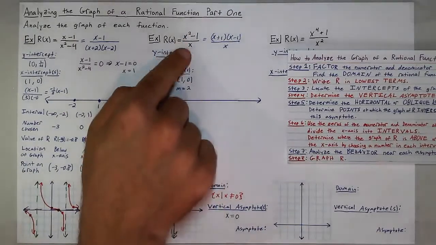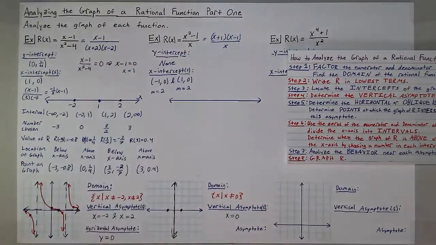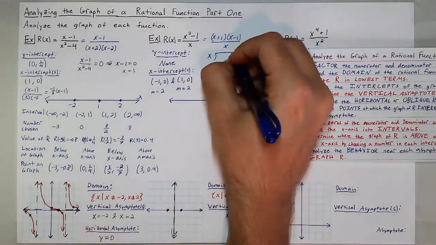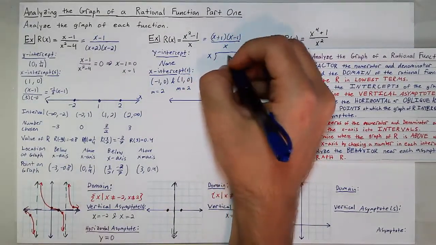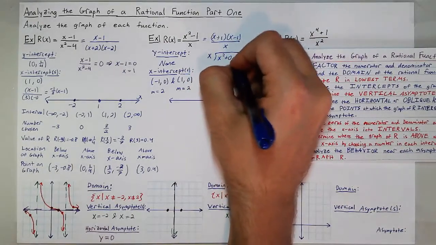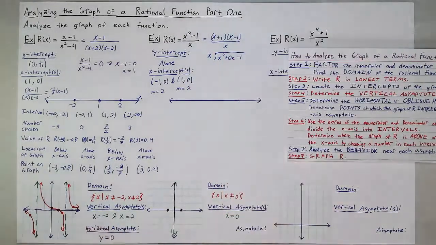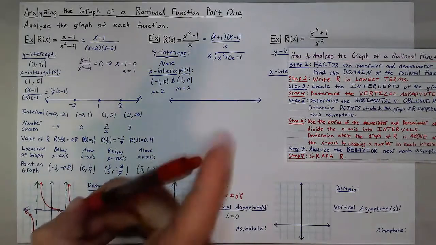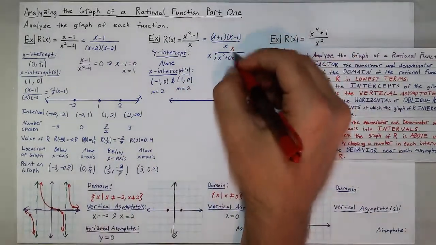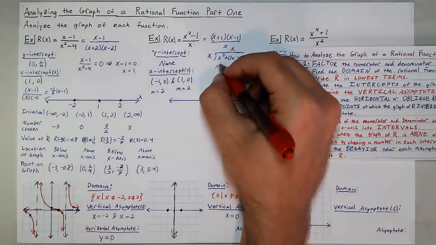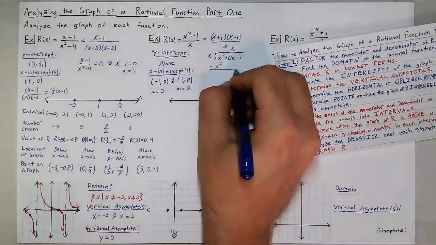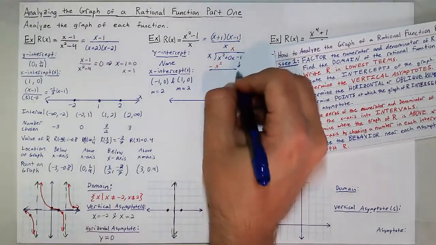Now the degree difference here is 1, so I'll have to use polynomial long division to find my asymptote. So x² + 0x - 1. How many times does x go into x²? x times. So x times x is x². Subtract that away, and I'll be left with 0, then bring down the -1.